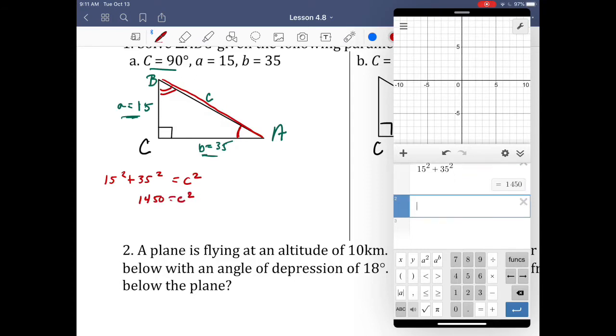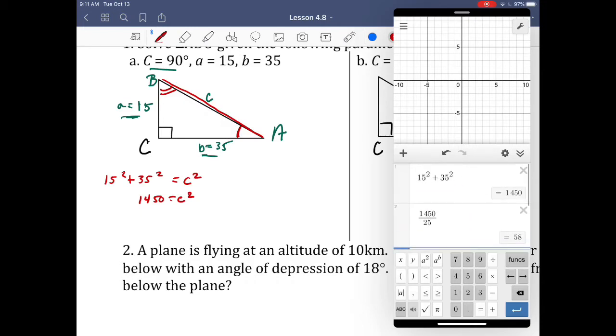Now 1450 is definitely divisible by 25, and then 58, and then 58 is definitely divisible by 2, and that's 29. 29 is prime. So when you take the square root of 1450 to get C, C equals the square root of 25 times the square root of 58, which will equal 5 root 58 if you want to be exact about it.